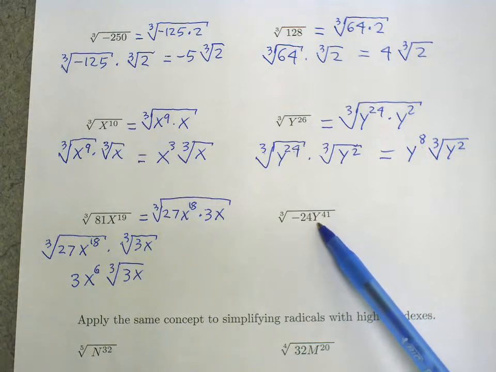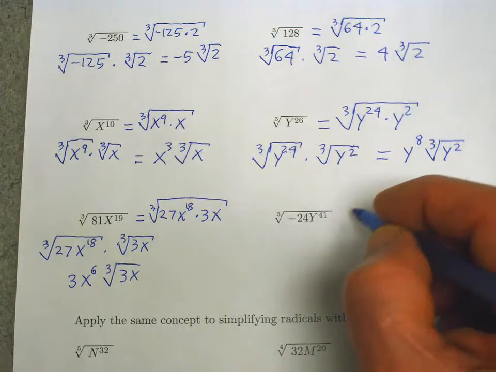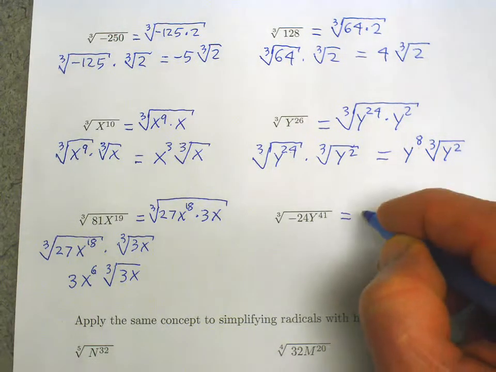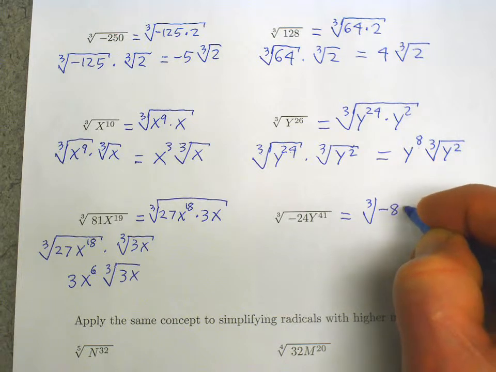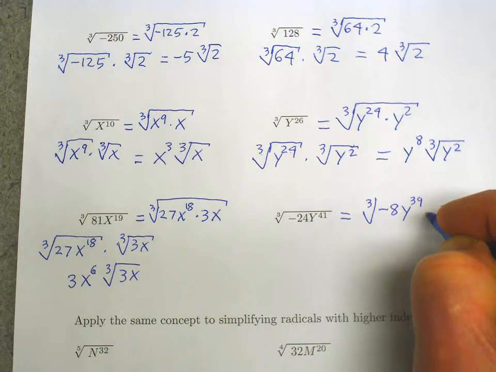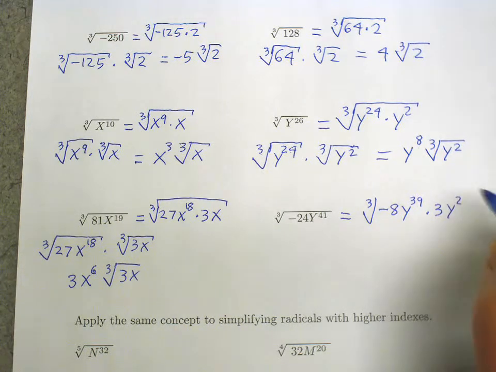The largest factor of y to the 41st that's a perfect cube is y to the 39th. 39 is a multiple of 3. Okay, so we'll rewrite this as the cubed root of negative 8 times y to the 39th times 3 times y to the 2nd.